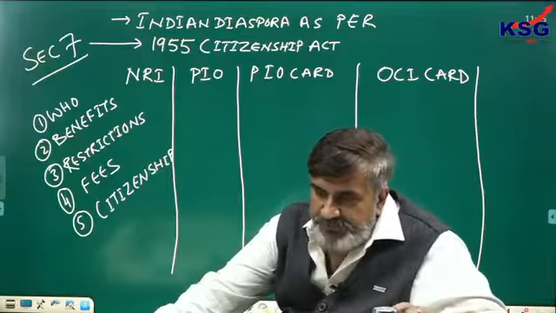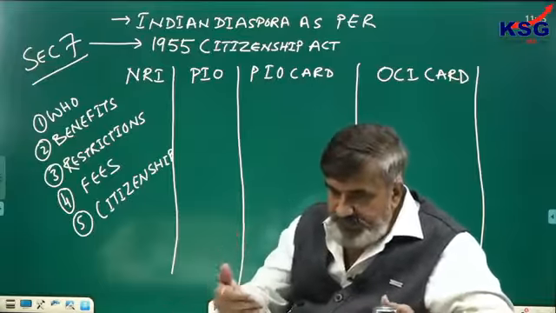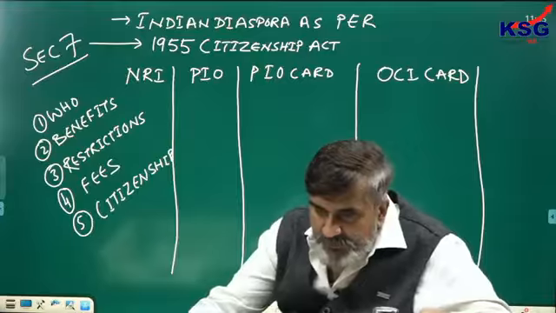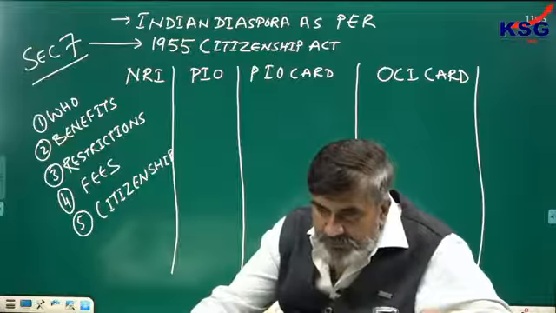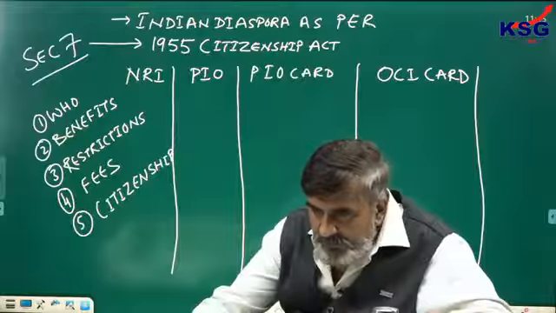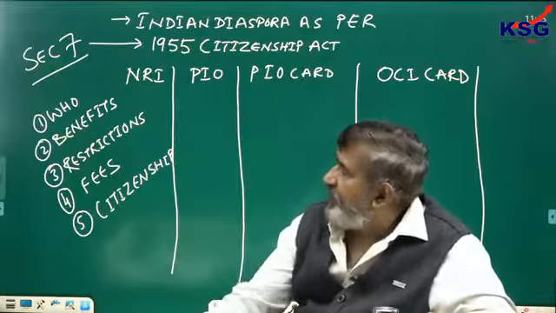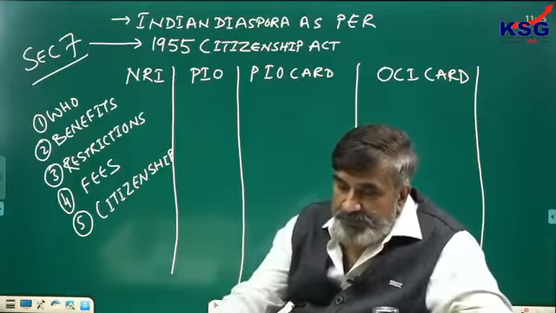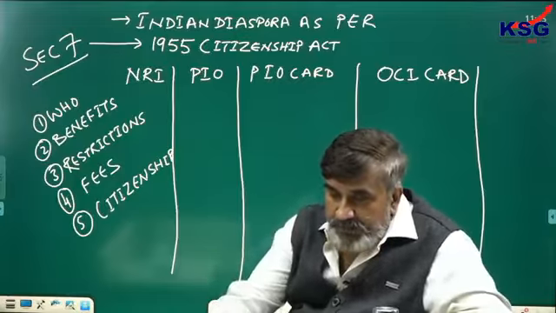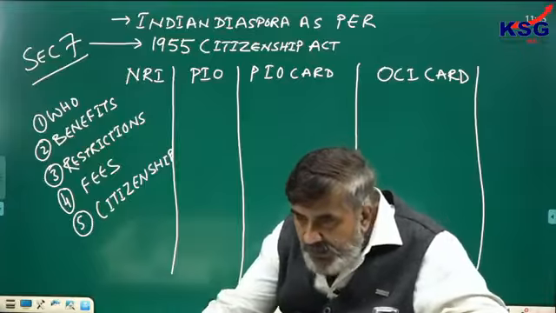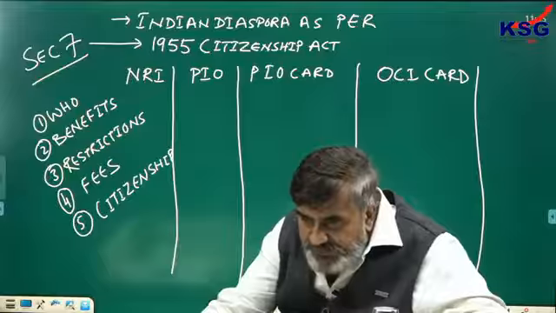See, I am dealing with the difference between PIO card and OCI card right now. So now you will know what is the difference. If you go by the definition of PIO, those persons who are from undivided India, Pakistan, or Bangladesh region, can we call them PIO?